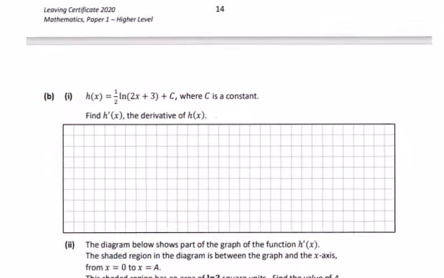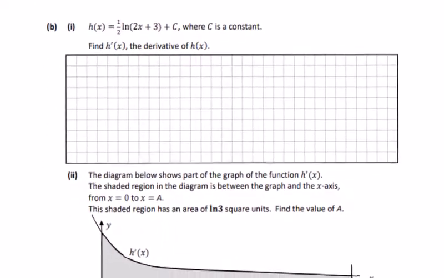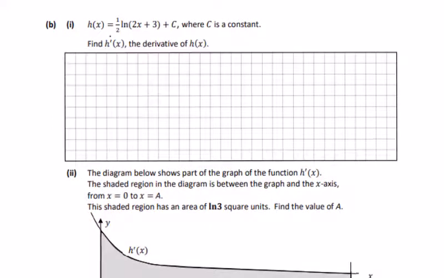Second part, h of x is equal to half times natural log of 2x plus 3 plus c, where c is a constant, and we're asked to find the derivative of h of x. Well, the natural log of x, if that's f of x, f prime x when we look up the tables is 1 over x.